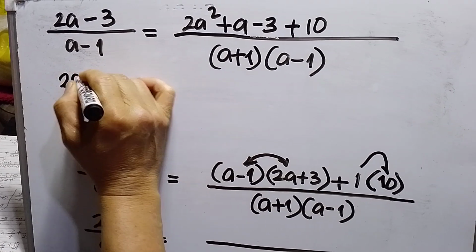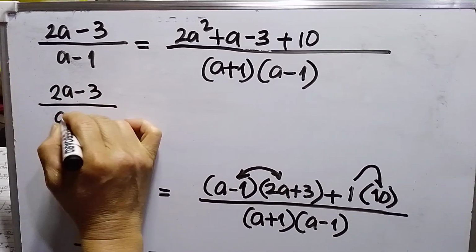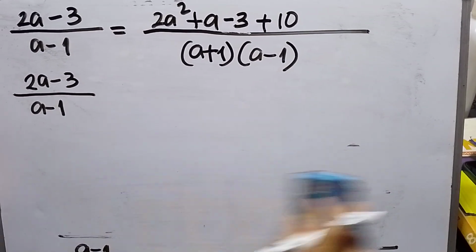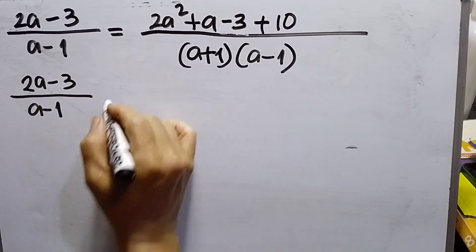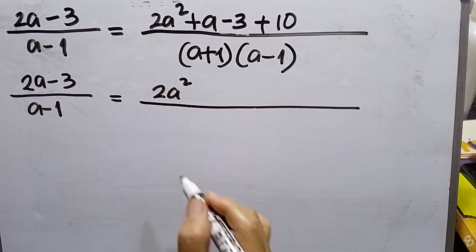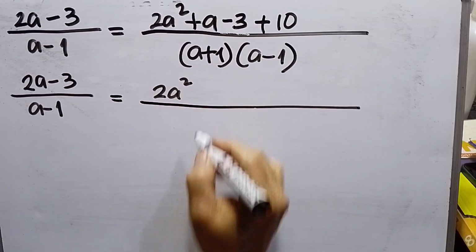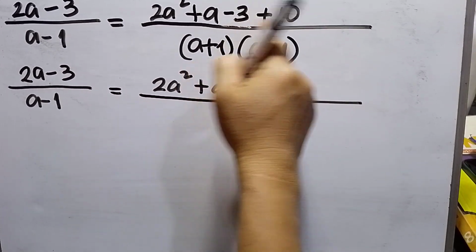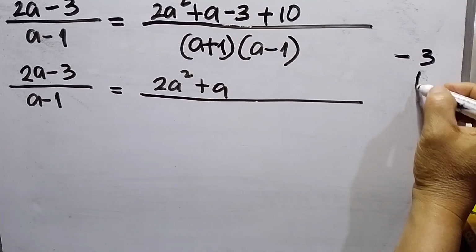So, (2a − 3)/(a − 1). Then need to simplify the numerator at the right side. So this will be 2a² + a, then −3 + 10.